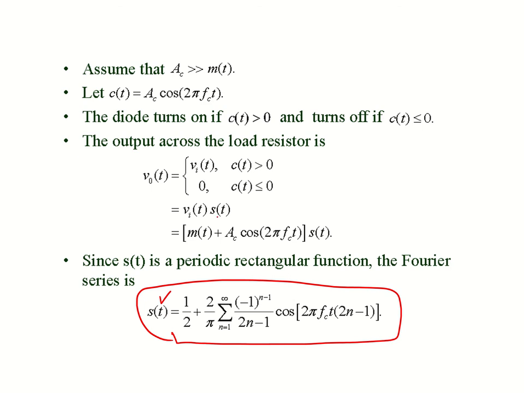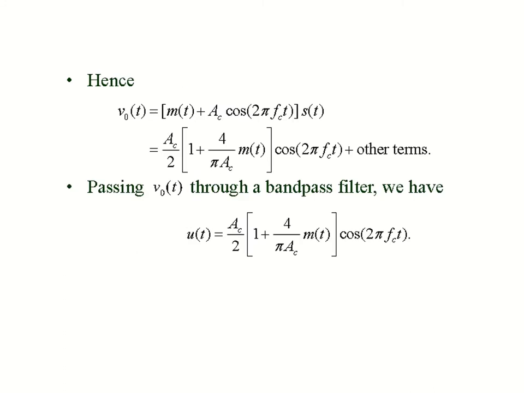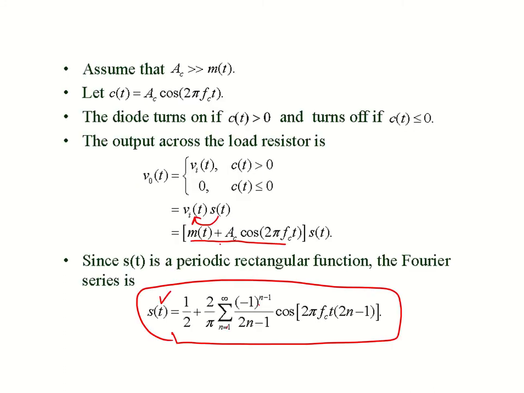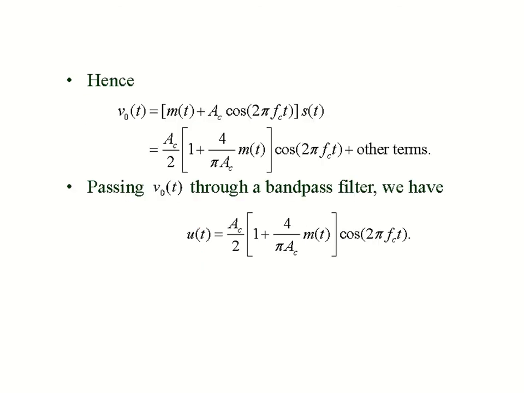This switching signal is multiplied with the input signal. Then we use a band pass filter. First the message will be multiplied here, and as the summation index n increases, we get high frequency components. When n is 2, for example, you get 2 times FC, and similarly other high frequency components.